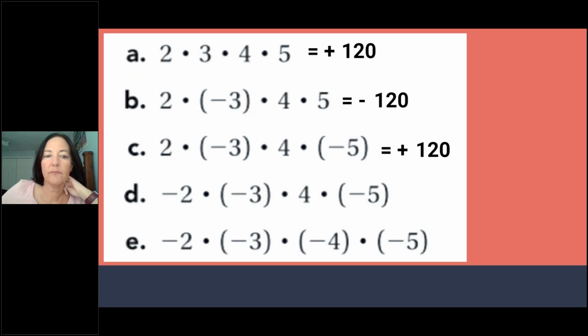So that is odd. So it'll be a negative 120. That's exactly right. Perfect. And then the last one of these is negative 2 times negative 3 times negative 4 times negative 5. So will this answer be a positive or a negative? A positive 120. That's exactly right.